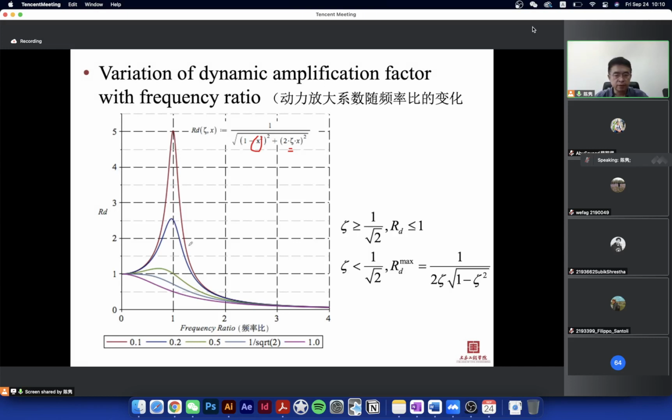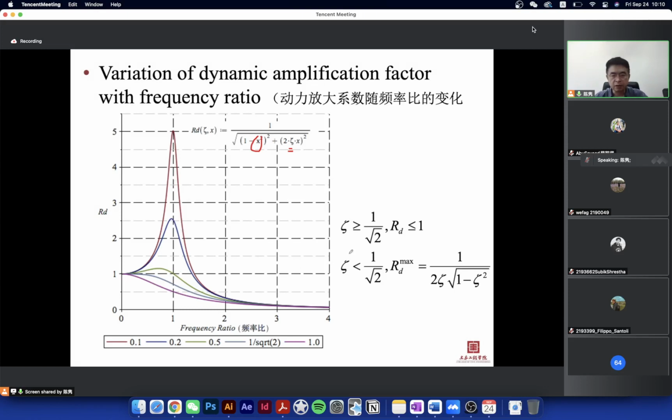You can see that generally with the increase of the damping ratio, RD will become smaller. This is what we can first observe from this curve: with the increase of damping, RD decreases.